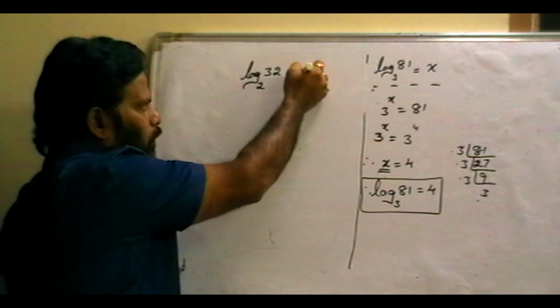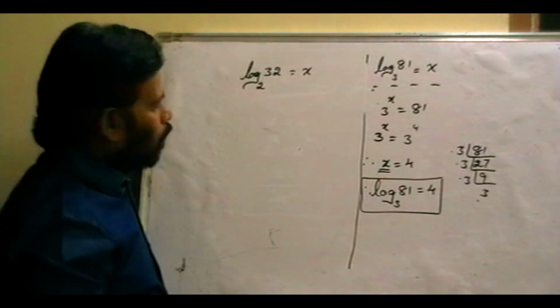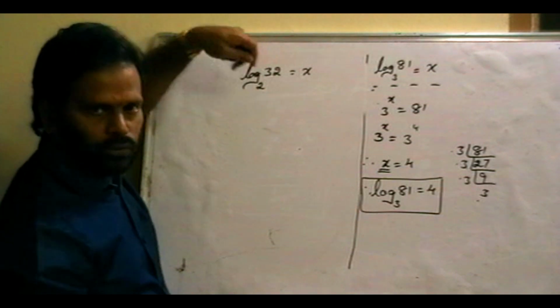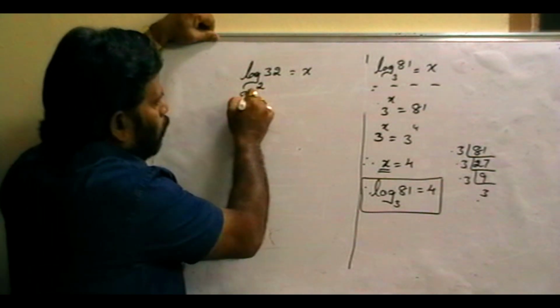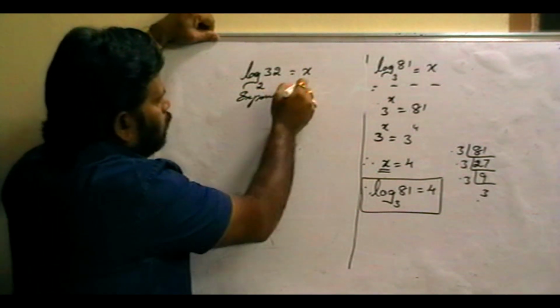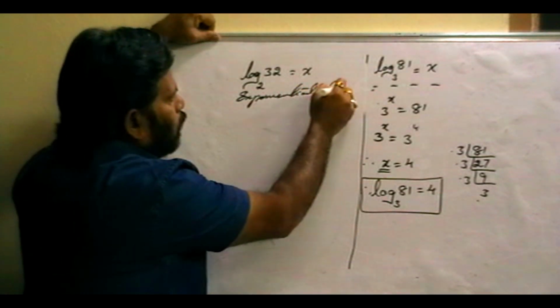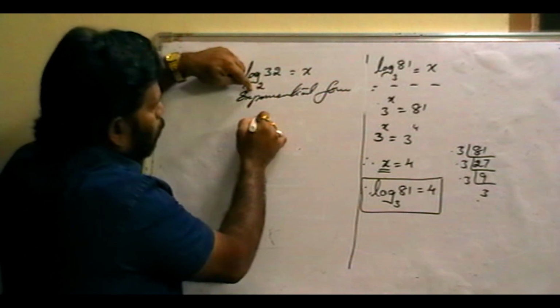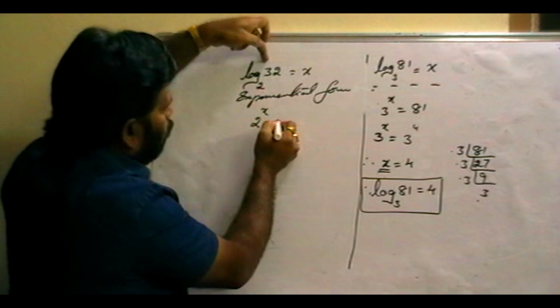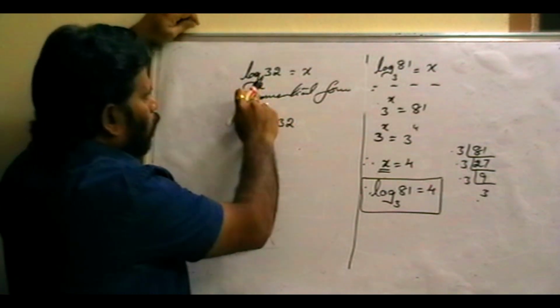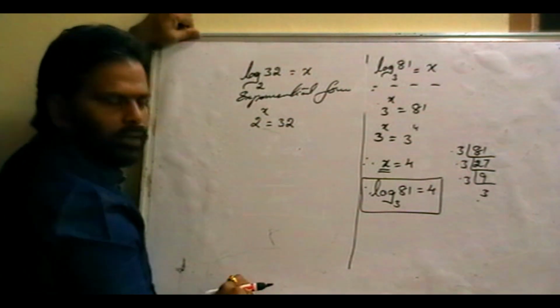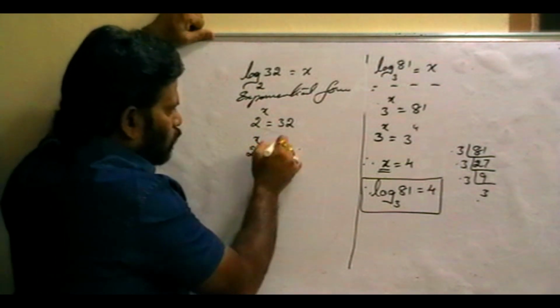So let the value be x. Log 32 to the base 2 is x. Now change into exponential form. Exponential form is 2 to the power of x is equal to 32. Means 2 to the power of how much will give us 32? So 2 to the power x is equal to 32.